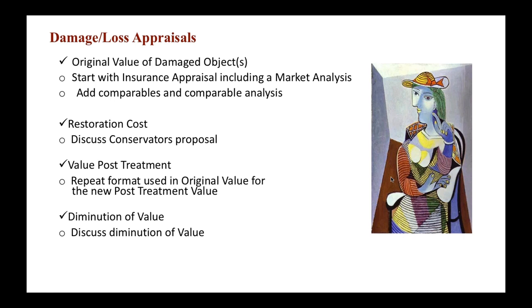So use your hypothetical conditions to describe the actual work in its current condition and then in its future post-conservation condition. So that's not only an extraordinary assumption based on the condition prior to the event, but you're also applying a hypothetical condition given the fact that currently the item is still damaged. You are appraising it as if it were conserved.